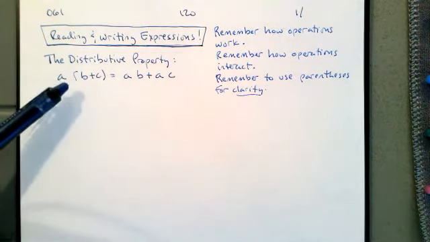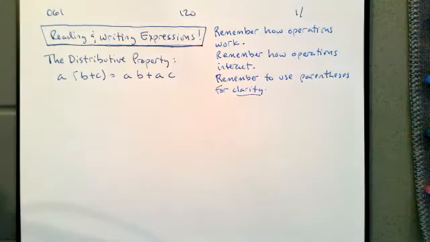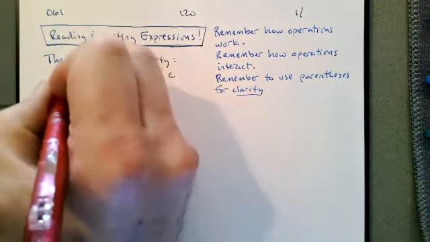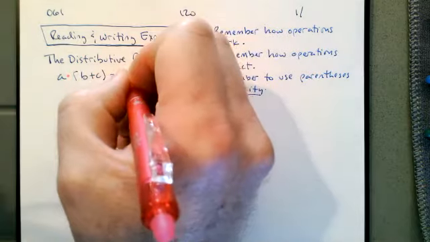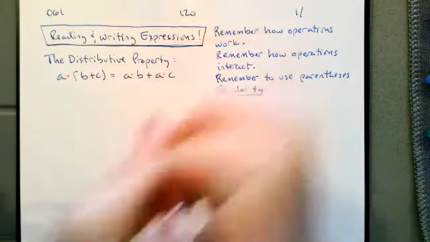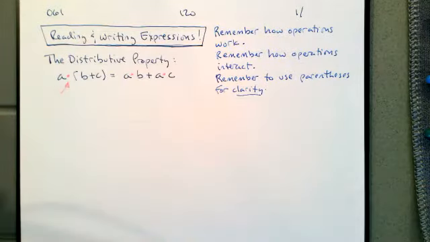This is an expression that's telling us that multiplication distributes over addition. This means that multiplication, A times B plus C, is equal to A times B plus A times C. It's the multiplication that makes this go.